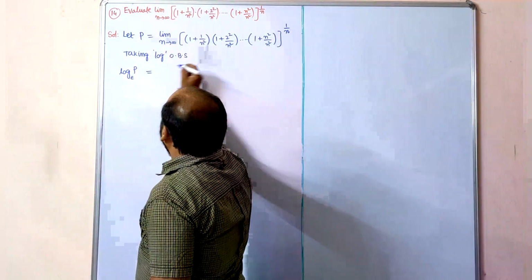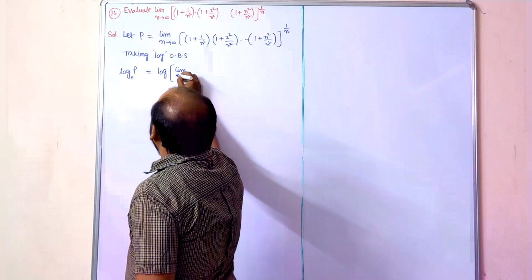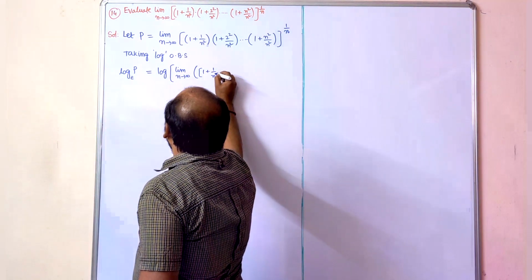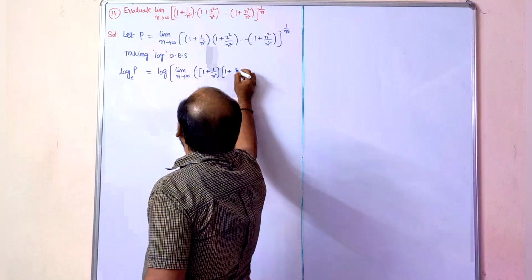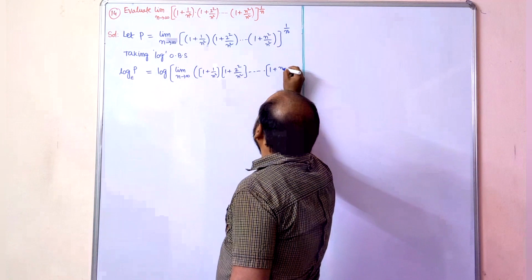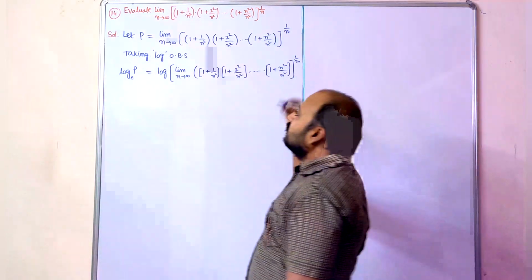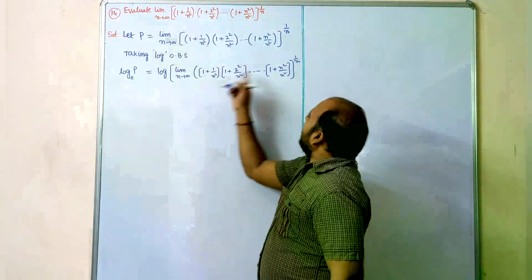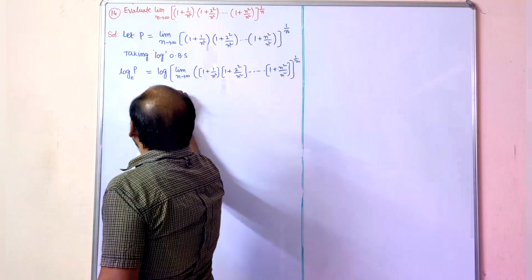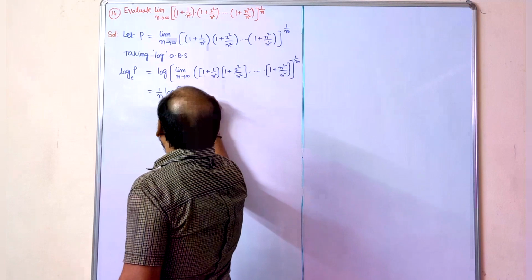So log of this value, log of limit n tends to infinity (1 plus 1 by n square)(1 plus 2 square by n square) and so on (1 plus n square by n square). So log a power m is m into log a. So it will become 1 by n log limit n tends to infinity.